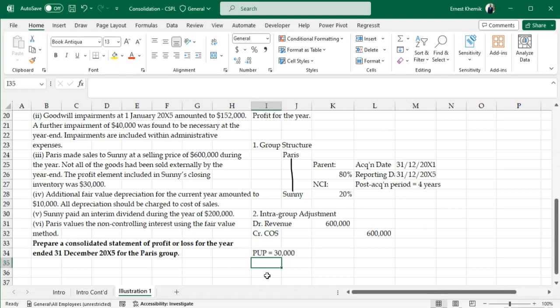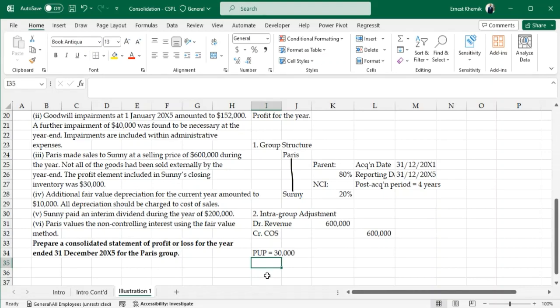Closing inventory reduces our cost of sales, which means that the more our closing inventory, the less our cost of sales. So if the closing inventory has been overstated by the provision of unrealized profit here, then we would have to add this particular value to our cost of sales so that over-deduction will be restored to its normal cost.